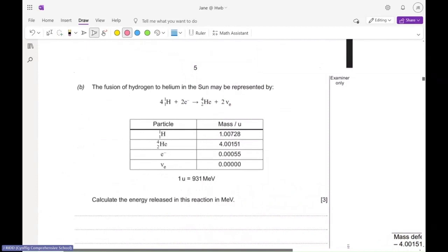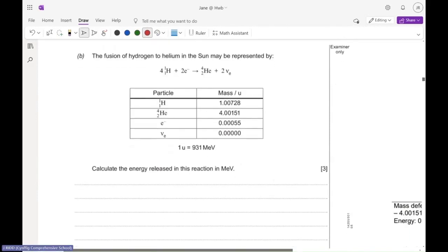Right, the fusion of hydrogen into helium in the sun may be represented by this equation here. Calculate the energy released in mega electron volts. Right, so to complete this question, we have to remember that essentially the amount of energy on both sides must be conserved.